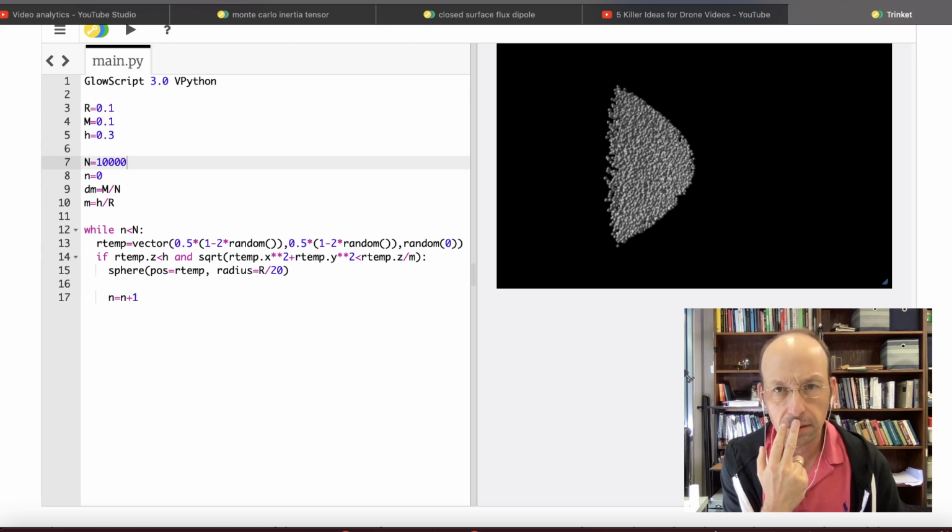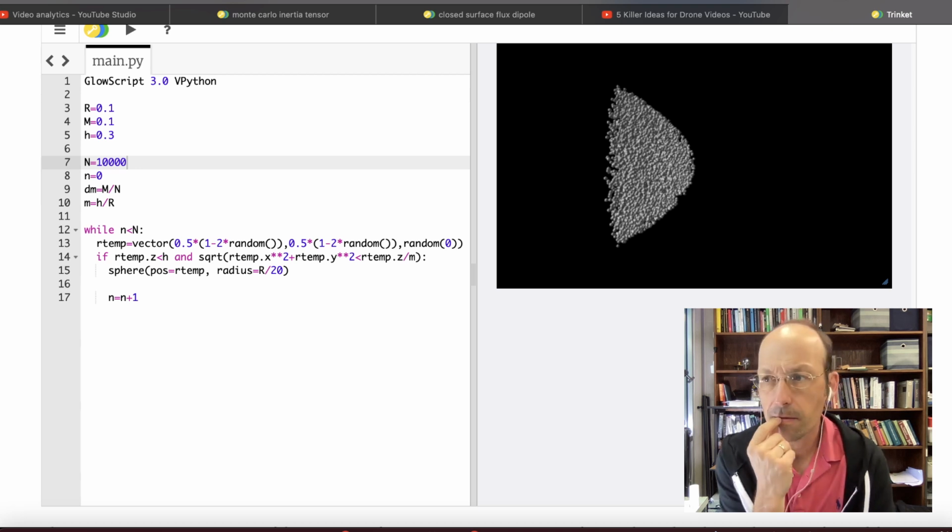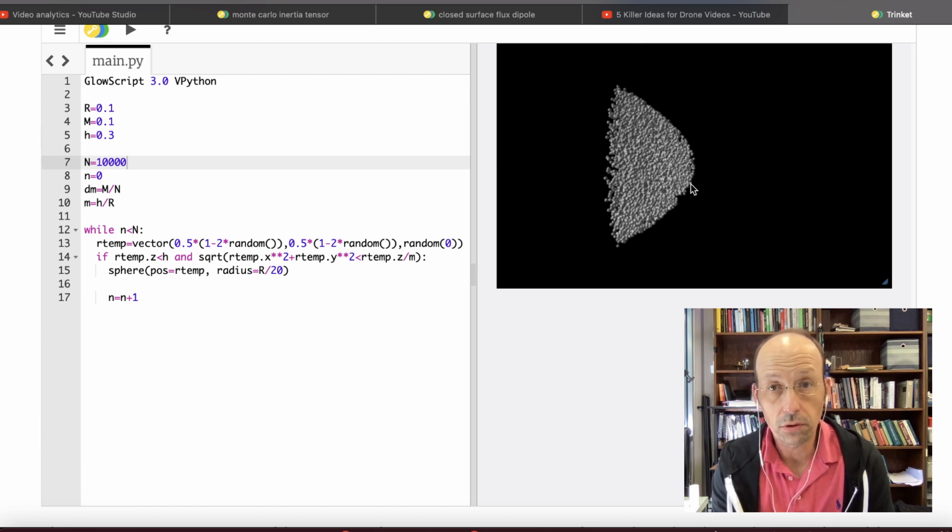Why is there no point? Sphere, rtemp. Let's see. 1 minus 2 times random. 1 minus 2 times random. Oh, no, in random, that's right. It just doesn't look right. I mean, it looks cool, but it doesn't have a point.